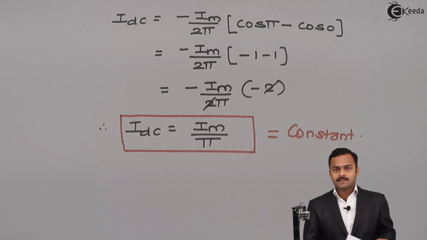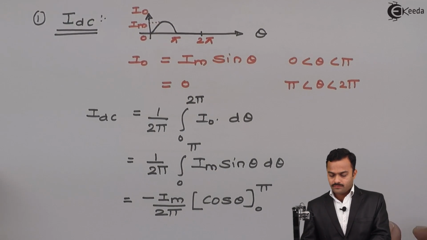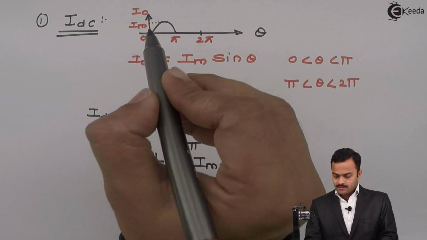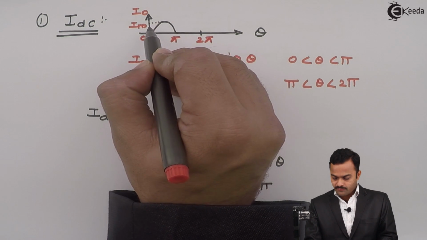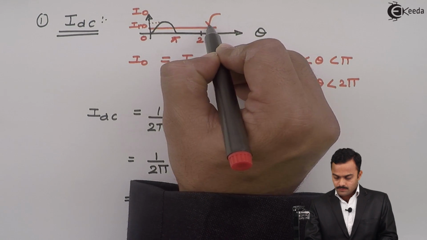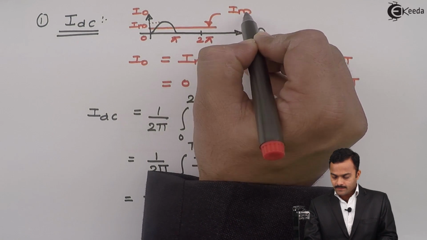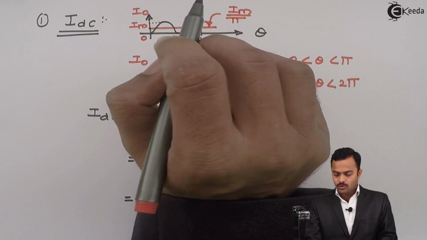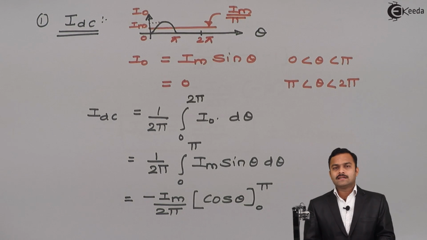What does that mean? In the waveform of output current, there will be a fixed value, it's nothing but Im by pi, which is continuously flowing through load, which we call as DC or average current.